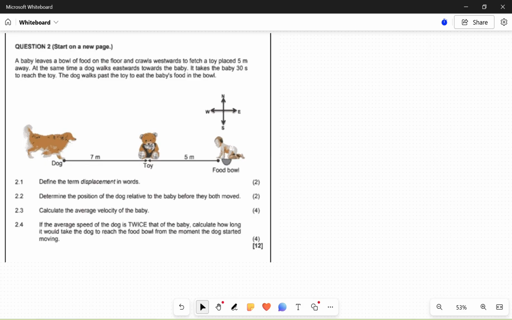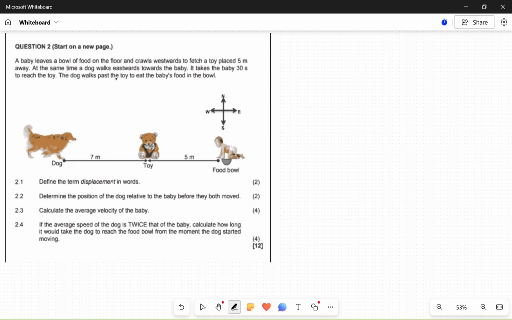They say here that we have a baby that leaves a bowl of food on the floor and crawls westwards to fetch a toy placed 5 meters away. At the same time, a dog walks eastwards towards the baby. It takes the baby 30 seconds to reach the toy.